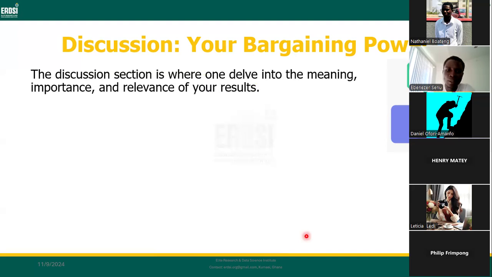So the discussion is where one dives into the meaning, importance, and relevance of your result. If you don't understand your result, you cannot even proceed to the discussion. For the past years as a data scientist, when I handle someone's data and they're not able to do the discussion, I first take the person step by step through the meaning of the results.